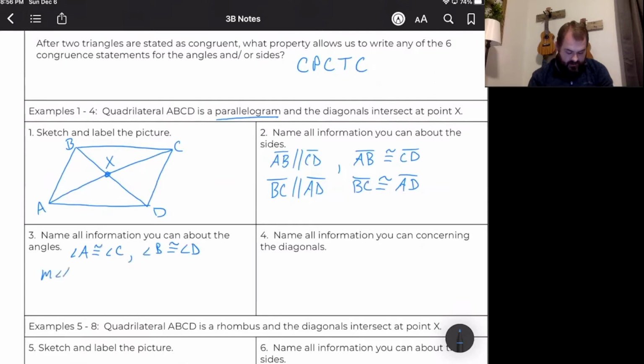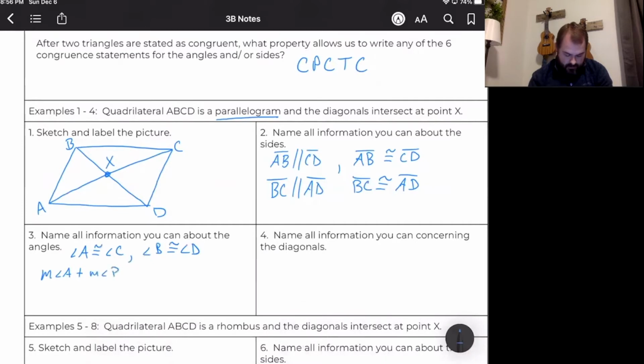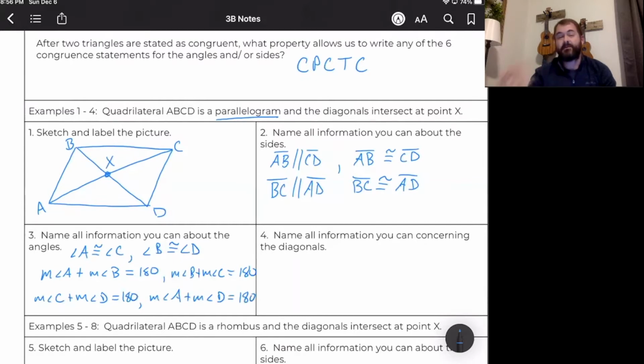The measure of angle A plus the measure of angle B equals 180. It's actually 4 equations I could write. The measure of angle B plus the measure of angle C equals 180. The measure of angle C plus the measure of angle D equals 180. And the measure of angle A plus the measure of angle D equals 180. There are 4 different supplementary angle relationships I could come up with.